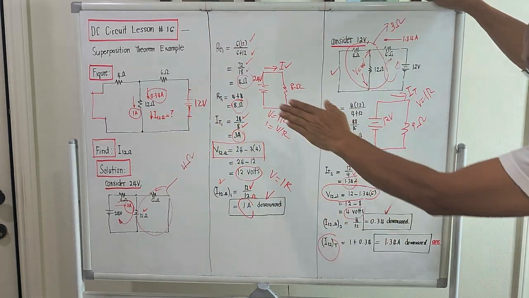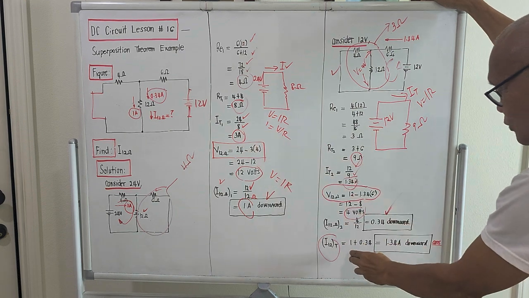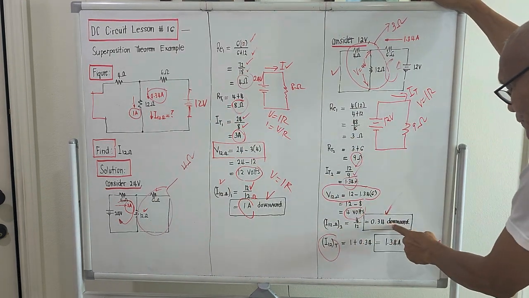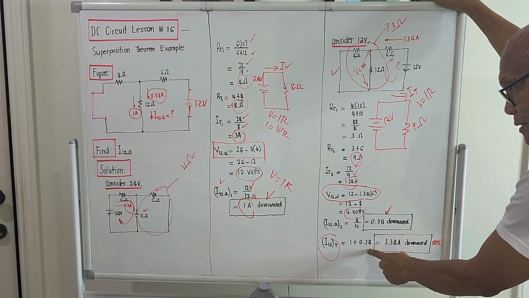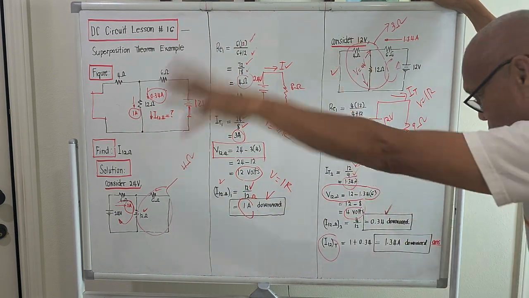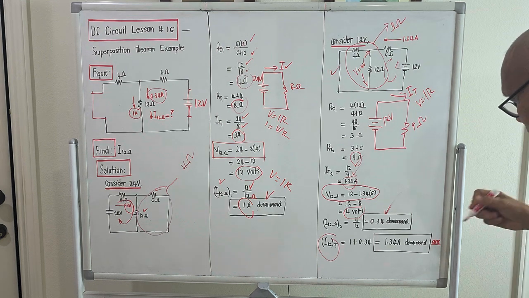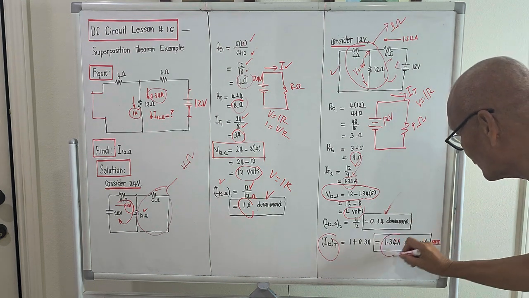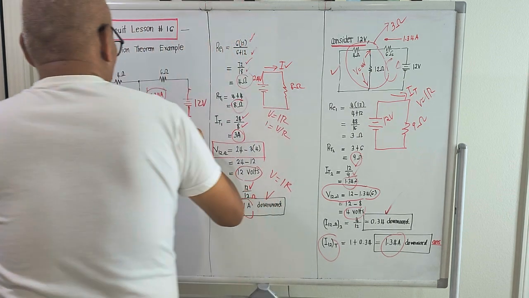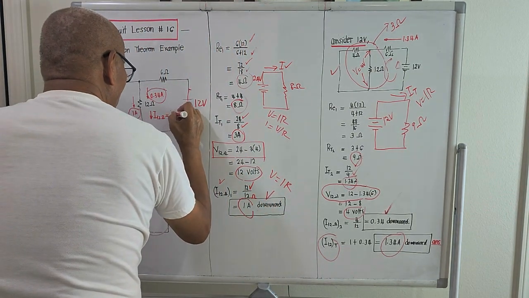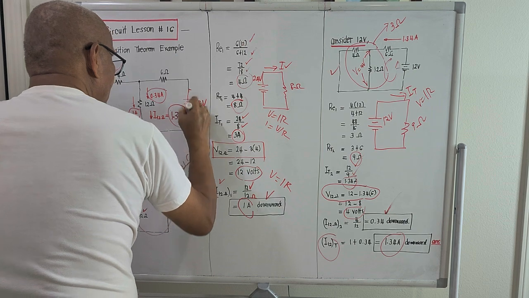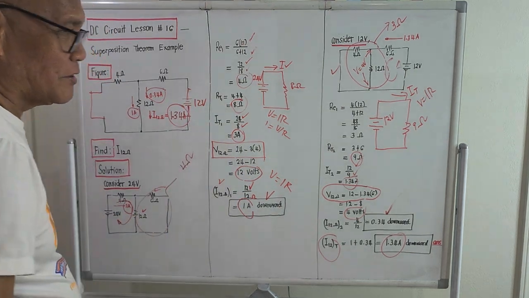So, considering the 24 volt source, that's 1 ampere. Considering the 12 volt source, it's 0.34 amperes. In accordance to superposition theorem, the total current passing through the 12 ohm load will be equal to 1.34 amperes. Okay, as simple as that.